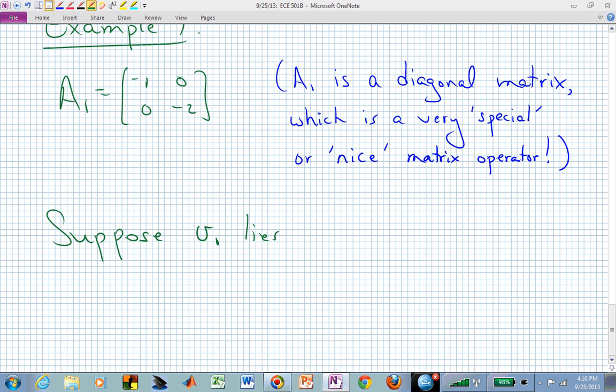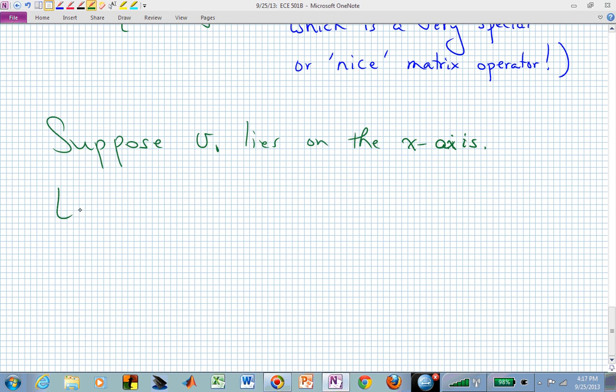Suppose we let v1 be the vector (1, 0). And now what happens when we operate on that vector v1 with the matrix A1?